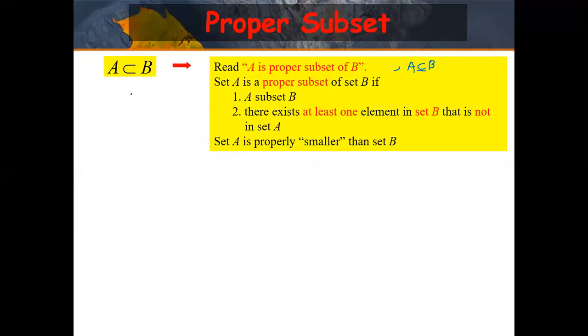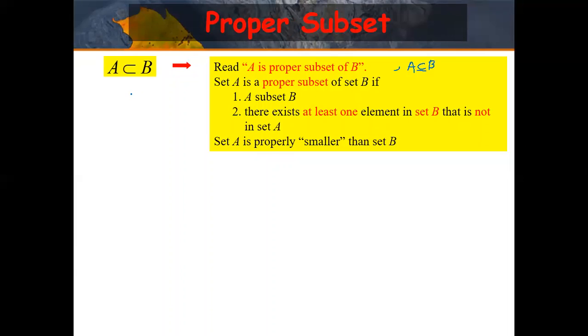Okay, so there are two conditions for proper subsets. The first one is set A is a proper subset of B if the first condition is A subset B. Dia mesti subset dahulu.